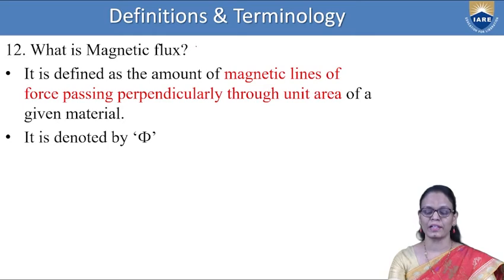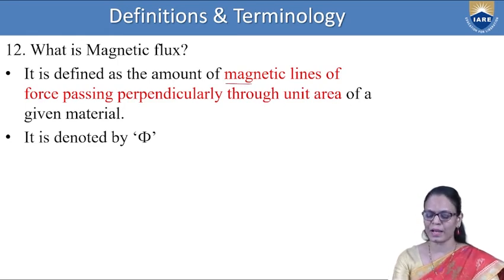Now what is magnetic flux? It is defined as the amount of magnetic lines of force passing perpendicularly through unit area of the given material.